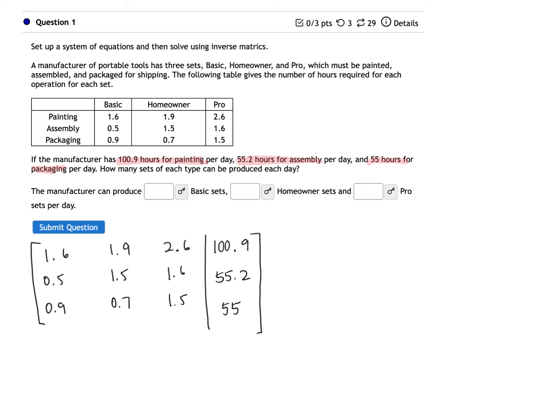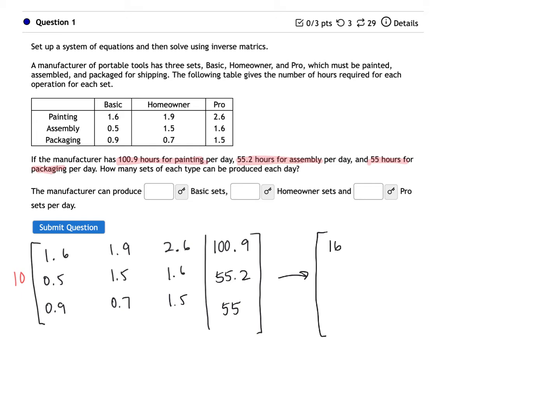It's going to be a lot easier if you have no decimals. So my suggestion would be to get rid of the decimals. Notice we only have a decimal represented to the 10ths place. So if I multiply each number by 10, I can get rid of the decimals. So that's what I'm going to do, multiply each element by 10. So multiplying by a scalar, that's fine.